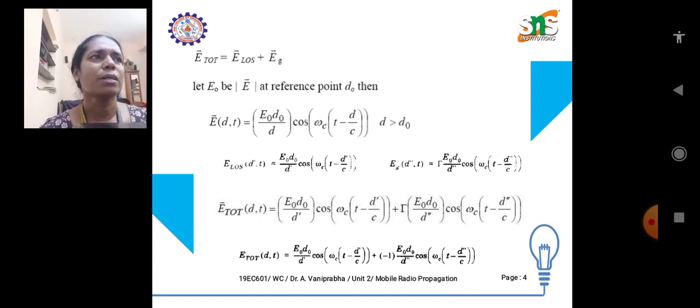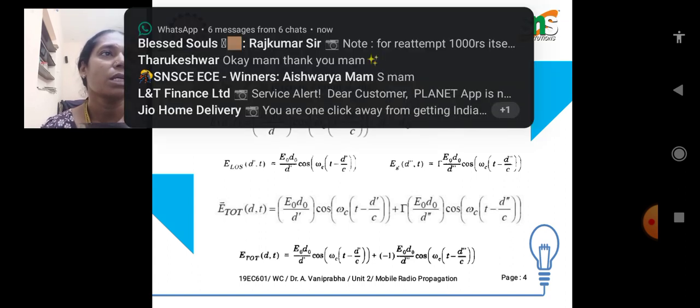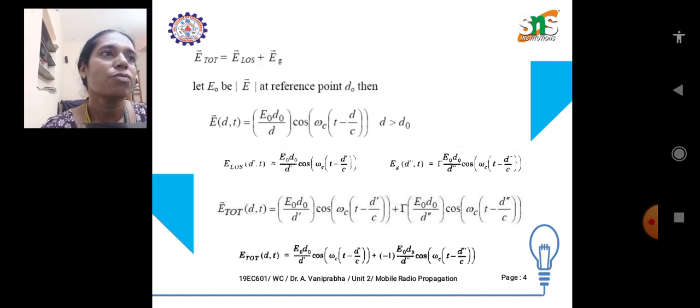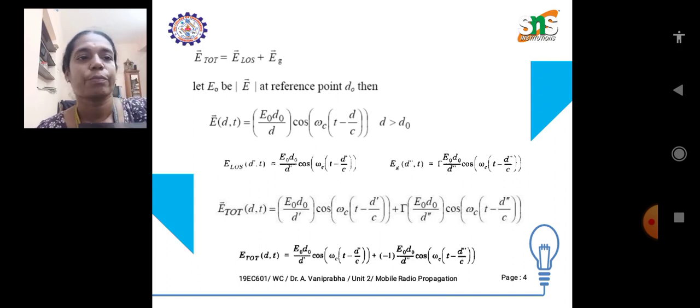So after further simplification, the result is E total(d, t) is equal to the magnitude of E naught d naught by d cos of omega_c parameter plus or minus 1. Here the reflection coefficient is considered to be minus 1 and the entire parameter is E naught d naught by d'' cos of omega_c (t minus d'' by c).